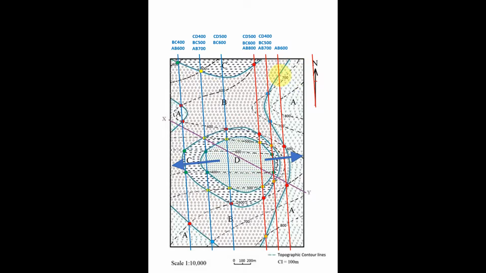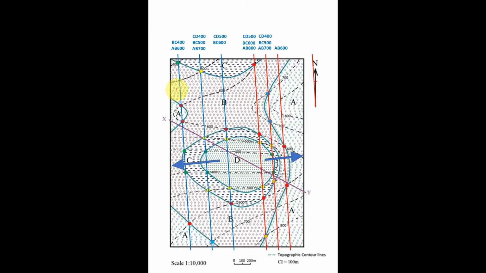After determining the strike line direction, we can find the amount of true dip, and for this you will have to measure the horizontal distance between the strike lines. Again remember, there are two dips. Dip 1 is there and dip 2 is there. For dip 1 you will have to measure whatever distance is there between these strike lines.